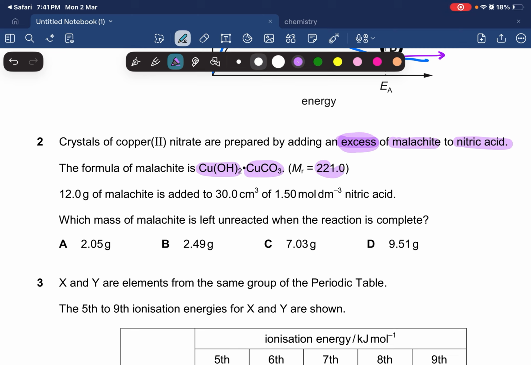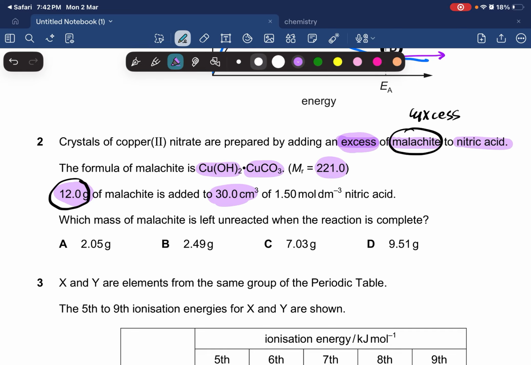The Mr of malachite is given. 12 g of malachite is added. Now you know that your malachite is in excess, so its mass is not going to determine the mass of your product. Only the moles of the limiting reactant are going to determine your product, right?